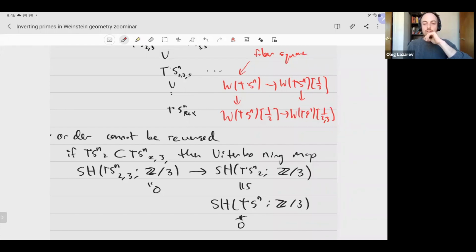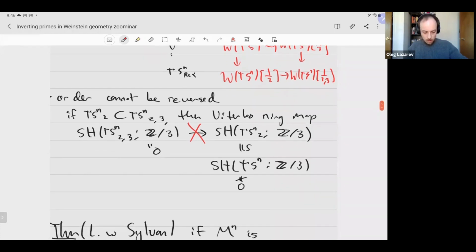Whereas for the SH on the right, you inverted 2, and you're looking with Z mod 3 coefficients, but 2 is already invertible in Z mod 3, and so that's in fact the same thing as just SH of the original domain with Z mod 3 coefficients, and that is non-zero, and there's no unital ring map from the 0 ring to a non-zero ring, so this is impossible. So I'm just saying that one subdomain sits inside the other, but the other one could not be symplectically embedded into the first one.